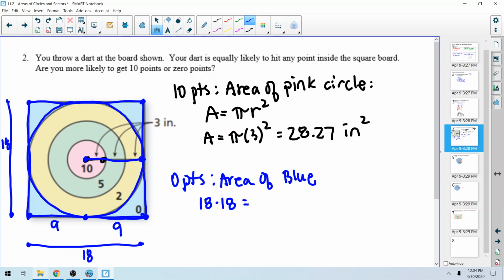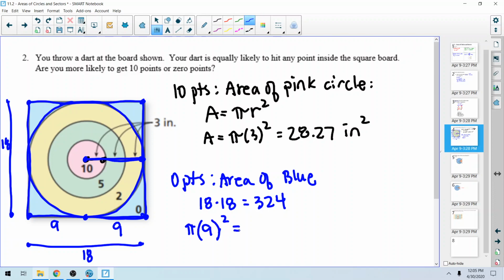Okay, grab your calculator. 18 times 18, 324. But that's literally the entire dartboard. So we're going to subtract from that the yellow circle, or like every circle inside. So then the area of the circle is pi times the radius squared. Well, the radius of this whole circle inside, we said was 9.